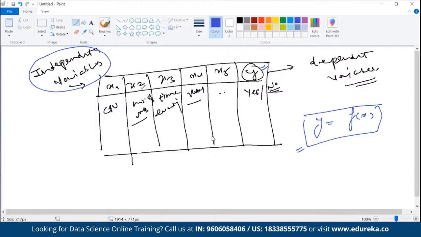Okay, so now if I take another example, let's say that here you have got some financial data. And what is that financial data? This x1 is discount, x2 is price, and then x3 is how many products are getting sold.